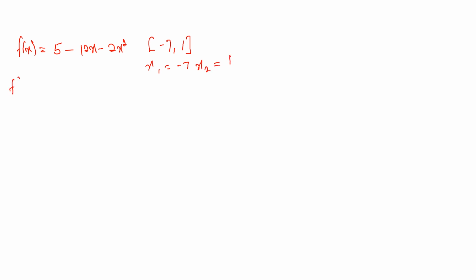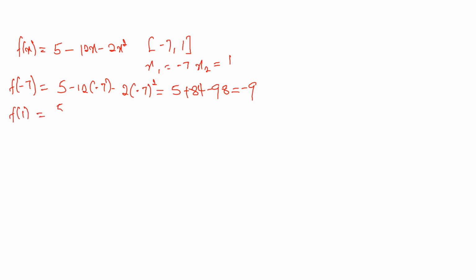So therefore, f of minus 7 will be equal to 5 minus 12 into minus 7 minus 2 into minus 7 squared, which is equal to 5 plus 84 minus 98, which is equal to minus 9. Then you go ahead for your f of 1, which is going to be 5 minus 12 into 1 minus 2 into 1 squared, which is equal to minus 9.